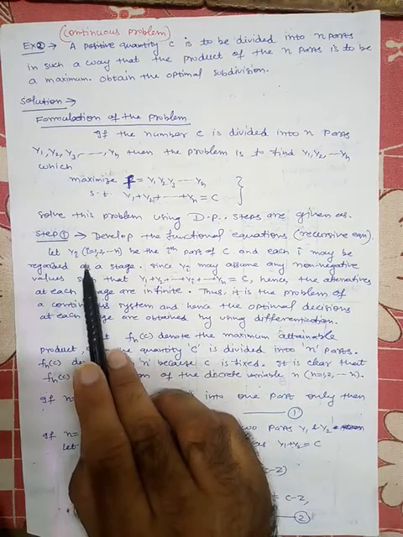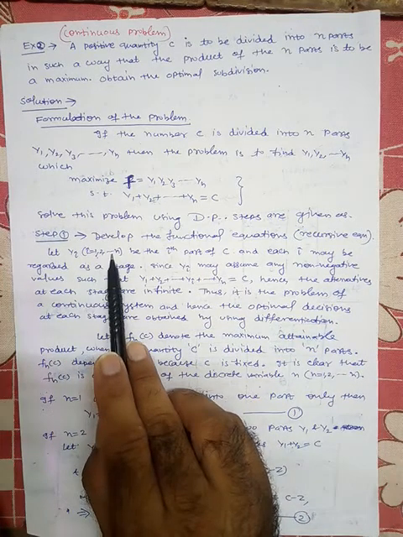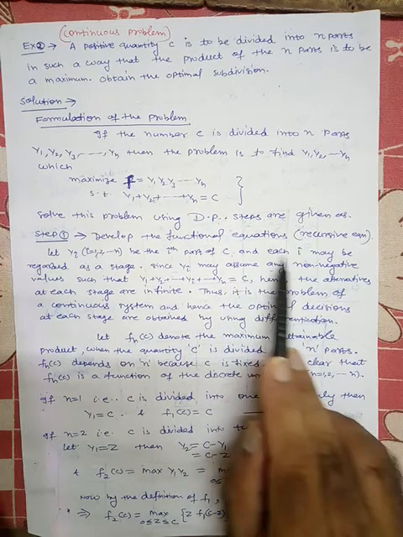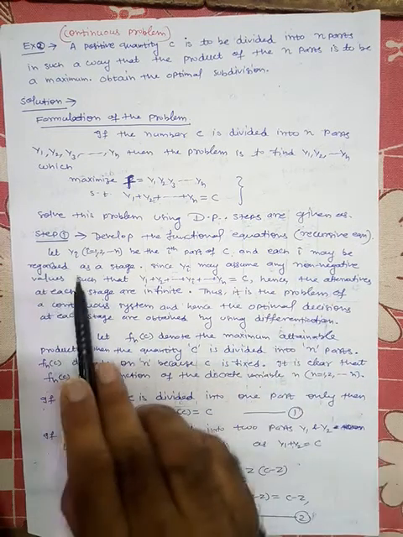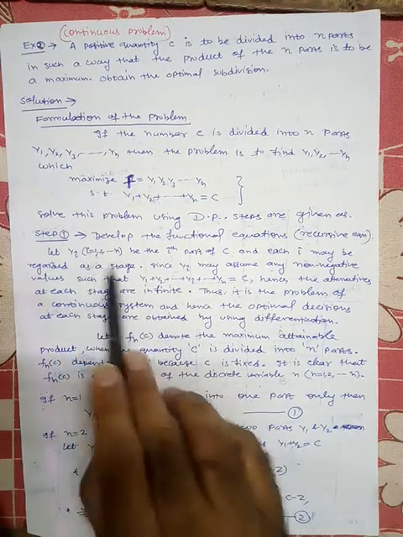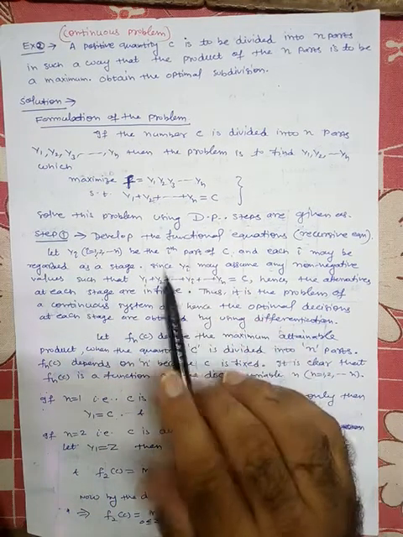So let yi, where i is 1 to n, be the ith part of C, and each i may be regarded as a stage. That is, we are dividing the problem into n number of stages. Fine.